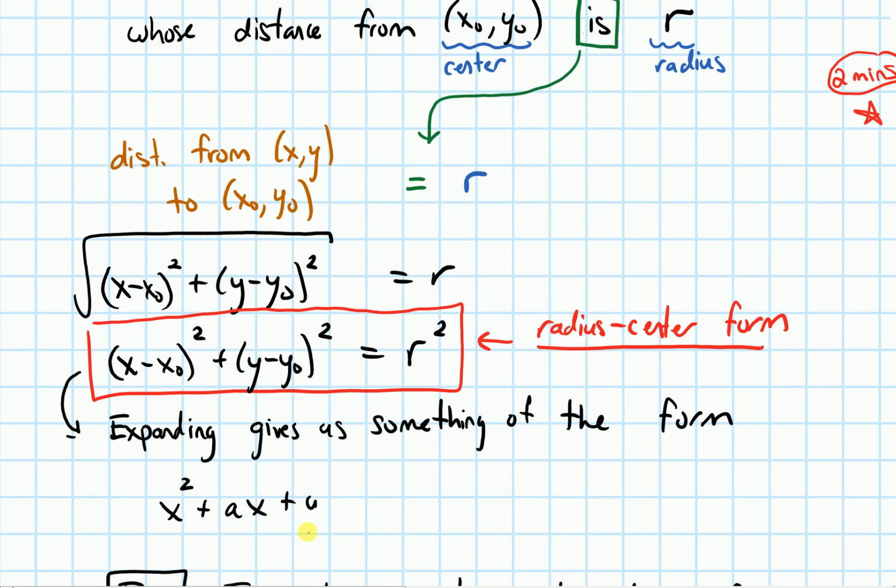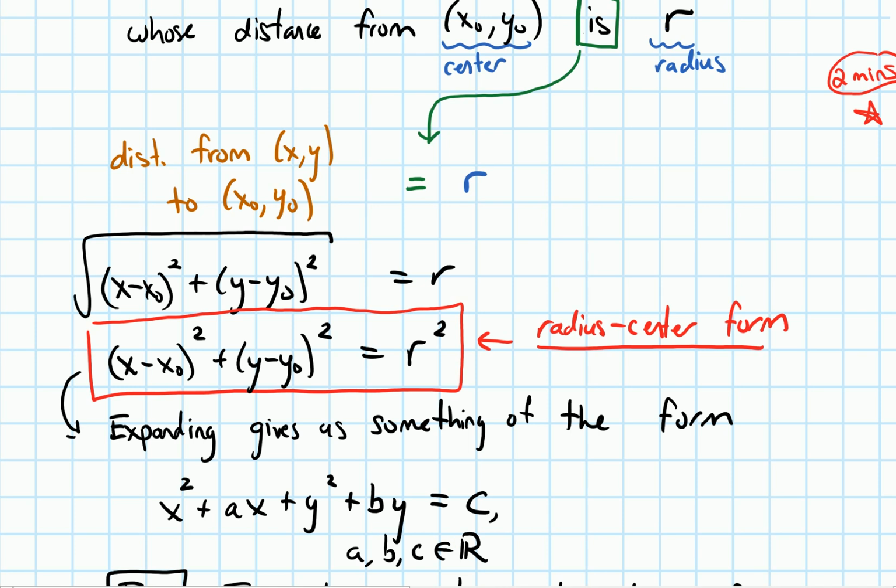And then we'll have y squared plus by, and b could be positive or negative, and equals c. Okay, so in this equation, the a, the b, and the c are just some real numbers.